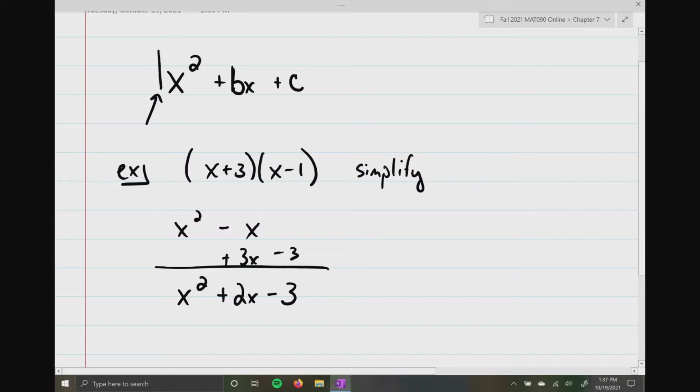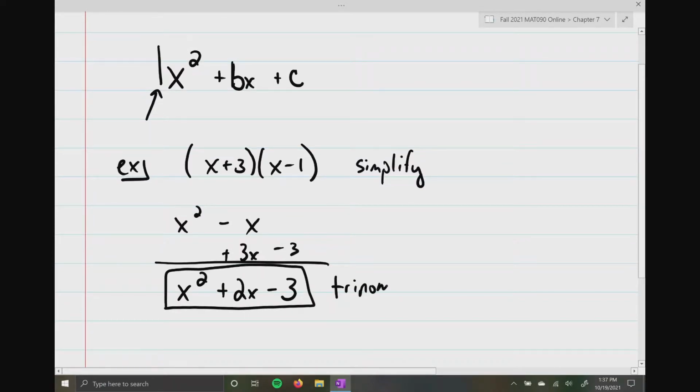Now, if you're asking yourself why am I showing you this, it's because the answer that I came up with is a trinomial with, if you look at the coefficient out front of that x squared, a 1, which is exactly what we are looking at in this section in chapter 7.